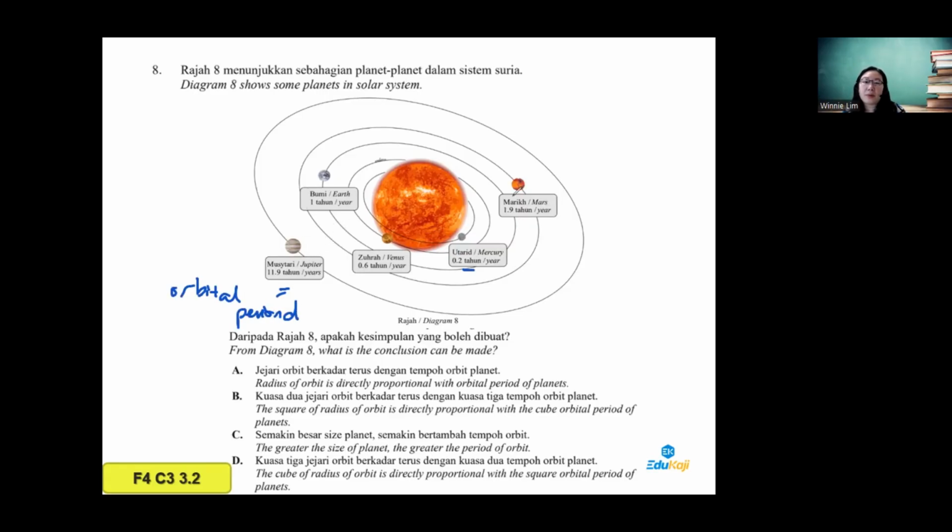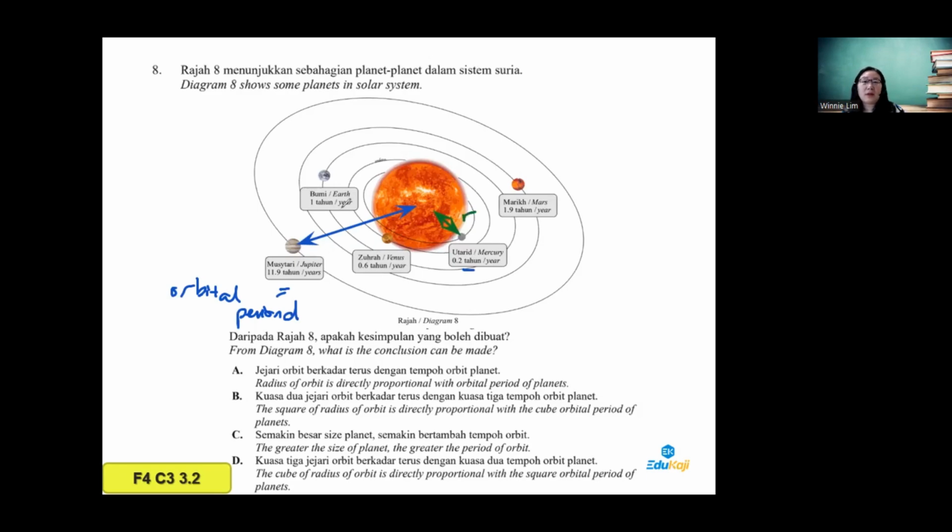As you can see, why the orbital period is different for different planets is basically the distance. You see Jupiter from the sun, and then you look at Mercury from the sun. So if they are at a shorter distance, then they take shorter time, notice or not?